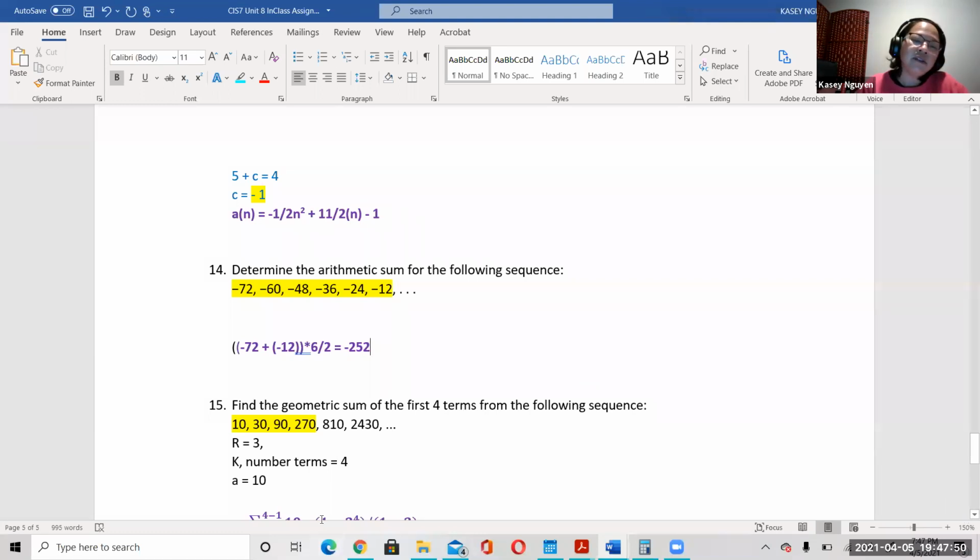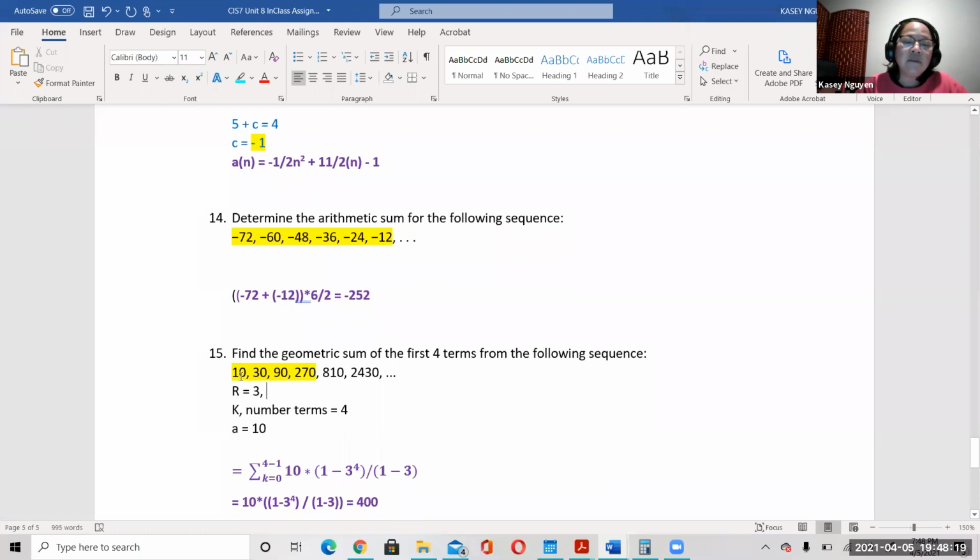We can punch this in the calculator or manually add it in our head, but we wanted to apply the formula so you can see. So we have 10, 30, 90, and 270. Quickly you can say that the common ratio is 3, because if we take 30 divided by 10, we get 3. If we take 90 divided by 30, we get 3, and so on.